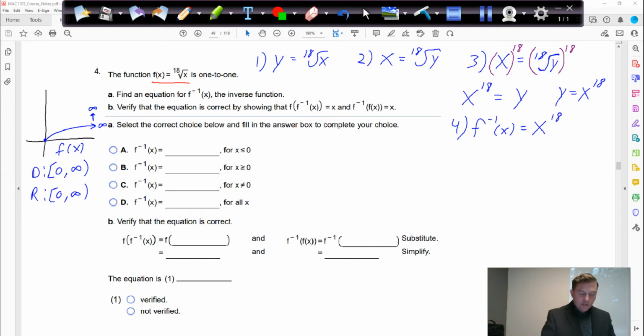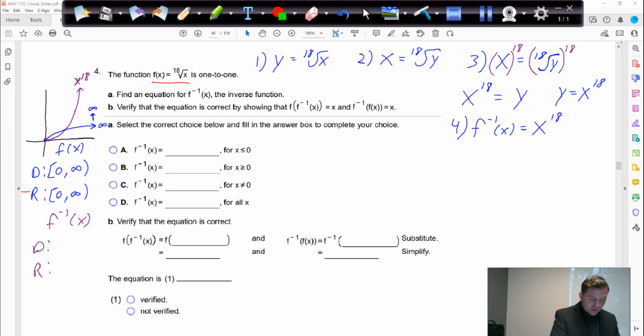Okay, so x to the 18th is interesting. It's going to look like a parabola. It starts at 0, and it's going to go up like this. Okay, and we can see that inverse function, its domain and range are going to be borrowed from here as well.